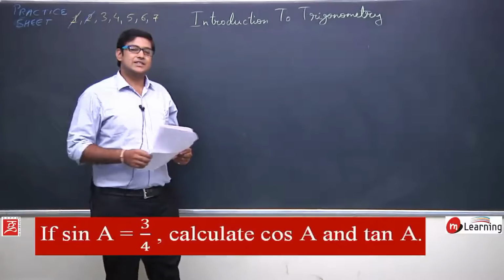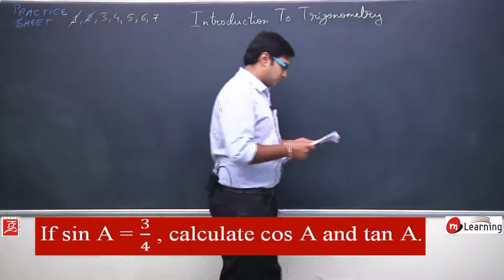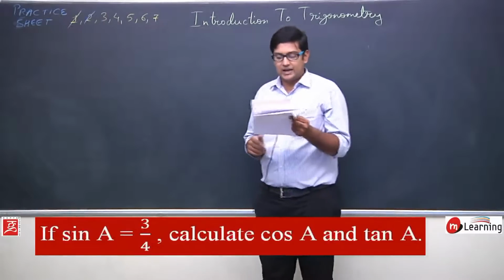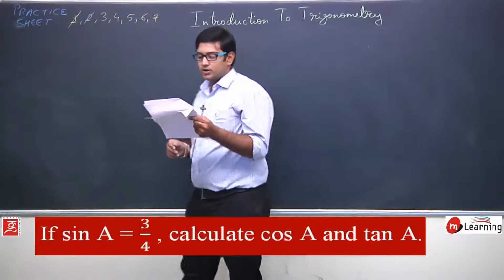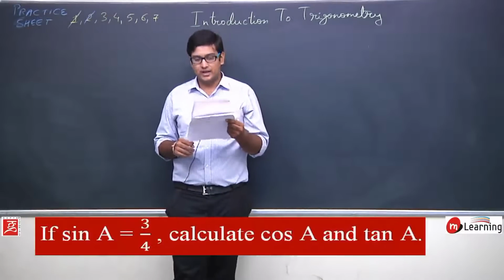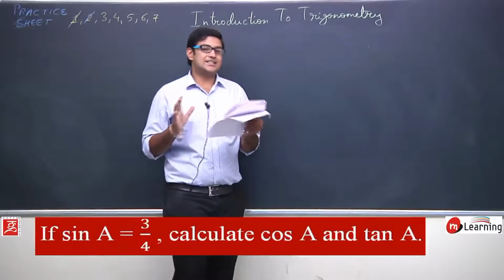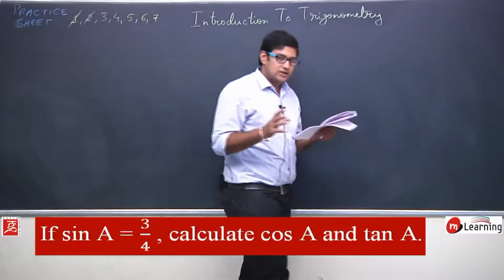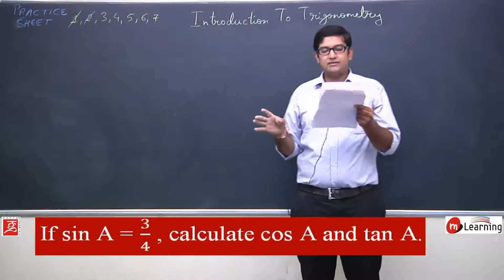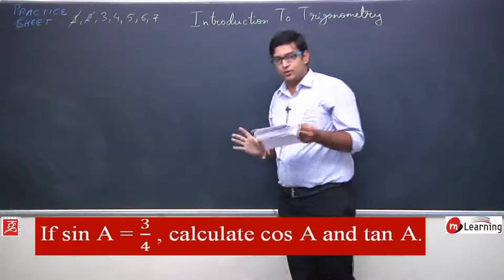Okay, now let us discuss the third question. The third question says, if sine of angle A is 3 upon 4, then calculate cos of A and tan of A. So what it says is, there is some angle A and its sine is given as 3 upon 4.